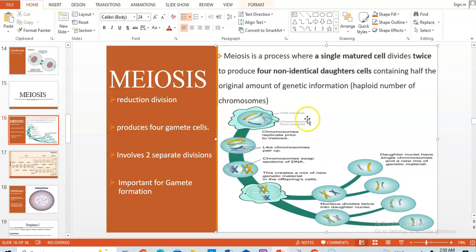But for the matured oocyte, it will first form 2, then one will degenerate, and the other will go into the second division and form another 2. One will degenerate, and only one will exist as a matured oocyte. But in total it's going to form 4 gamete cells. So it involves 2 divisions, and it's important for gametogenesis, gamete formation, that's formation of sperm and the oocyte.